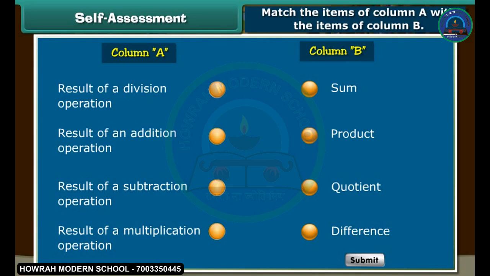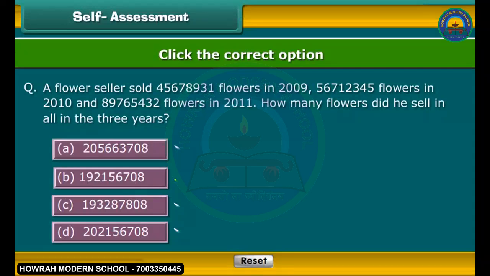Self-assessment. Hey kids, it's time to have an activity. Match the items of column A with the items of column B. Self-assessment.